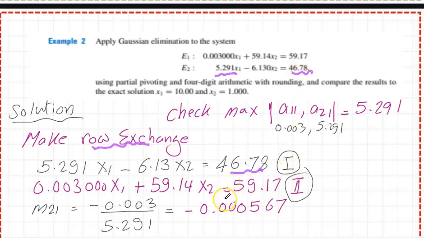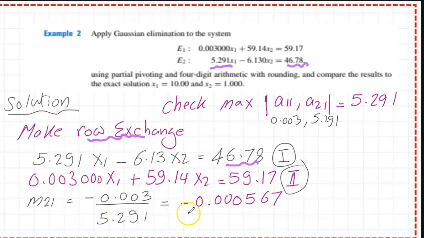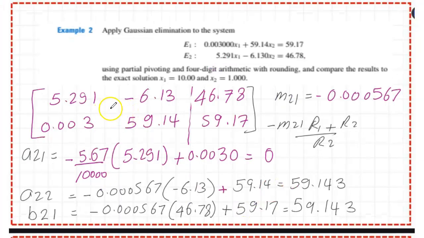In order to get m sub 21, we need this to become 0, and this is our new pivot. We are going to divide 0.003 over 5.291 multiplied by minus 1. We get minus 0.000567. We'll move to the next slide.